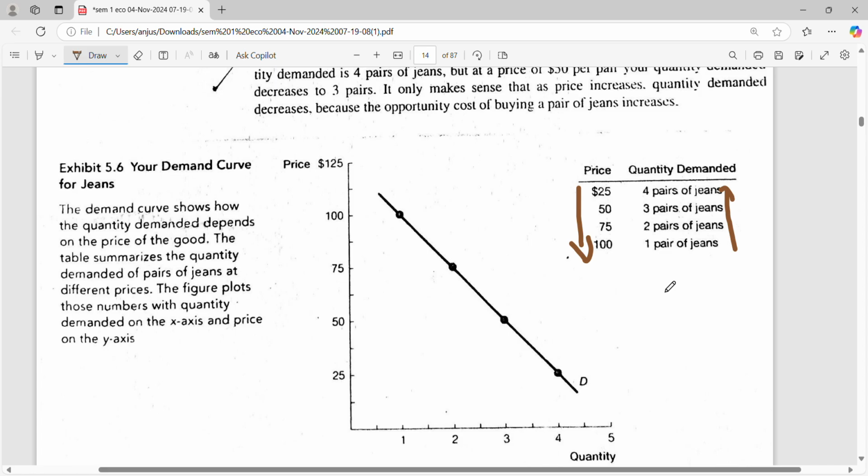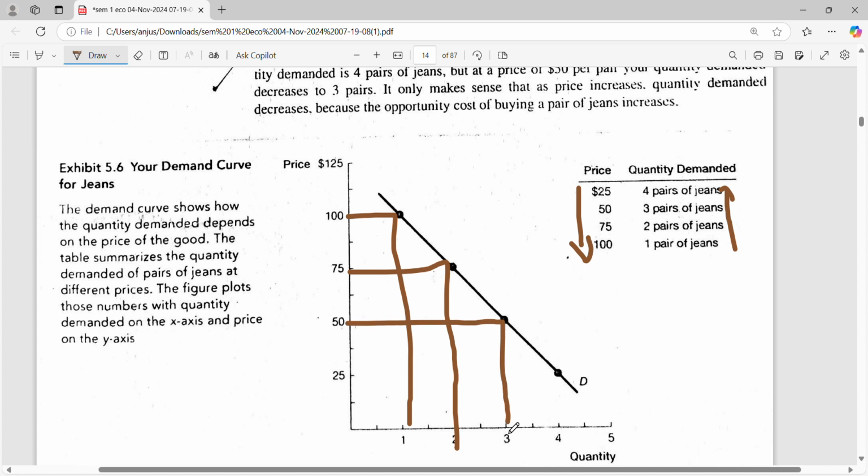That means when the price increases, quantity demanded decreases. That gives a negative slope, right? With 100 rupees you want 1 pair of jeans, with 75 rupees 2 pairs, with 50 rupees 3 pairs, and with 25 rupees 4 pairs of jeans.